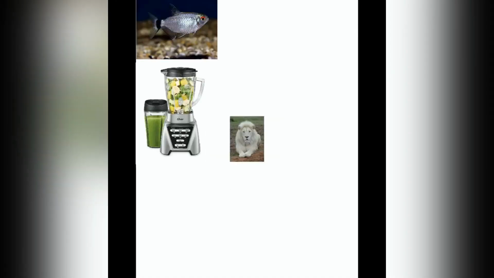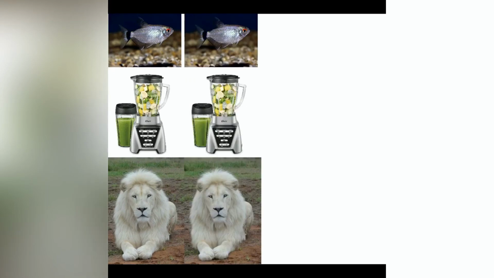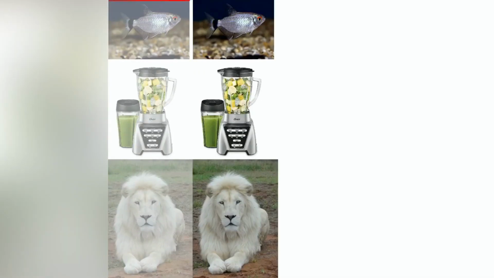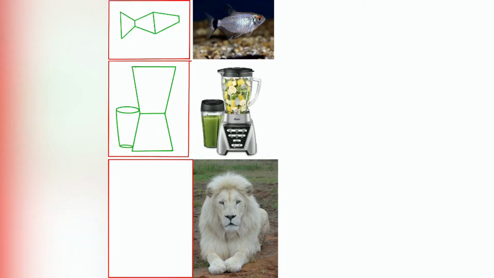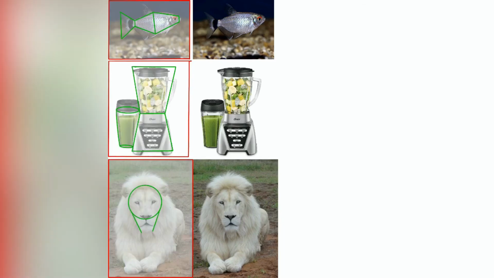The fish can be broken down into the square, the rectangle, the triangle also, whichever shape you think is more convenient for you to use. You can also use cylindrical shapes for the blender, and also the circle.